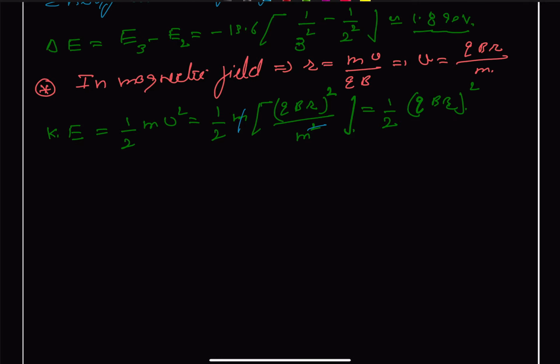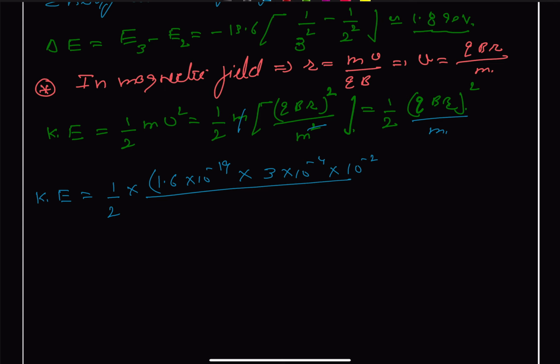We already know all these values, so we substitute them. Kinetic energy is equal to half times q, the charge on the electron, so 1.6 into 10 to the power minus 19 multiplied by magnetic field 3 into 10 to the power minus 4, and radius 10 millimeter, whole squared, divided by mass, that is 9.1 into 10 to the power minus 31.